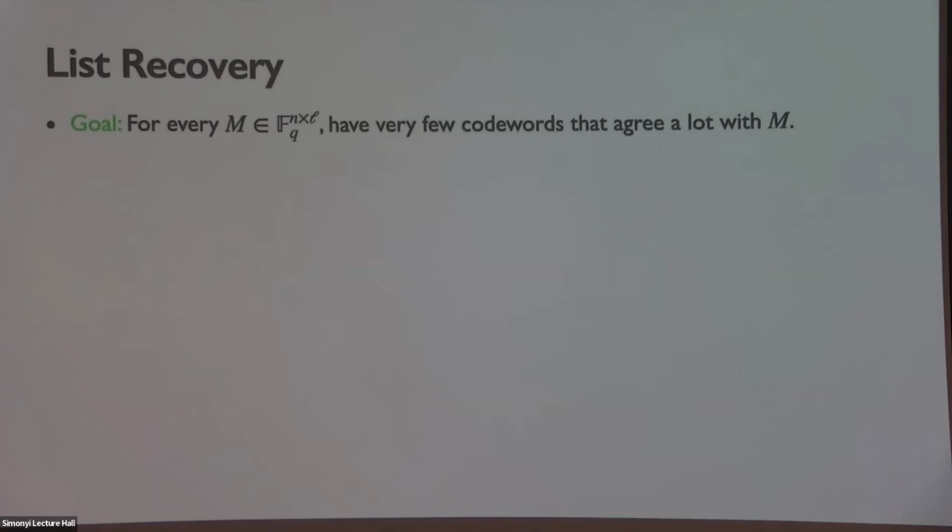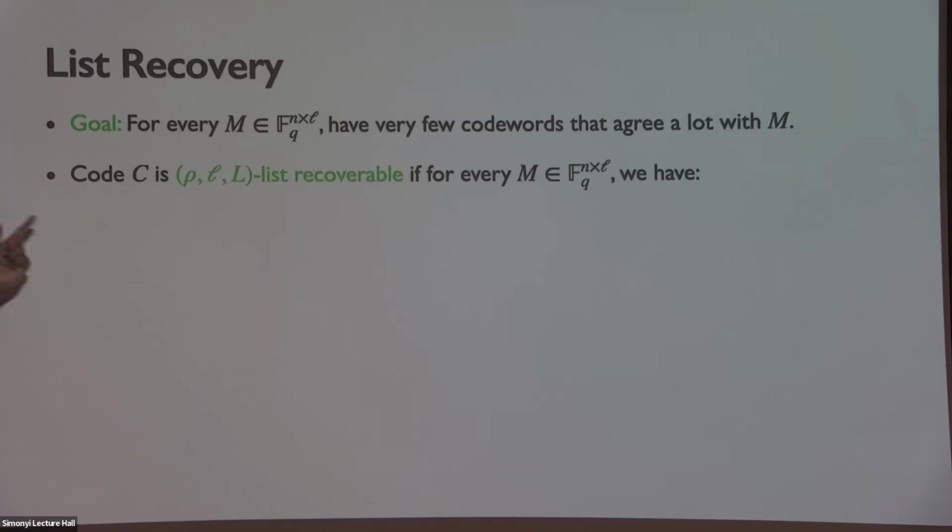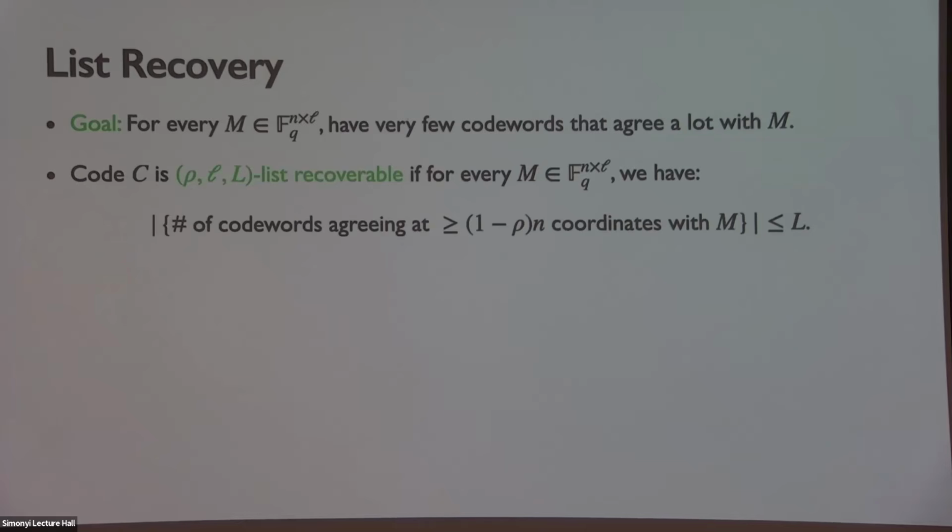We say that for every matrix M in F_q to the n cross l, where l is the 3 in the previous slide, small l, we have that very few code words agree a lot with M. There's another parameter here, small l, which was not there before. Formally, we say that code C is (rho, small l, capital L) list recoverable if for every matrix M of that dimension, the number of code words agreeing in a lot of places with M is at most capital L.